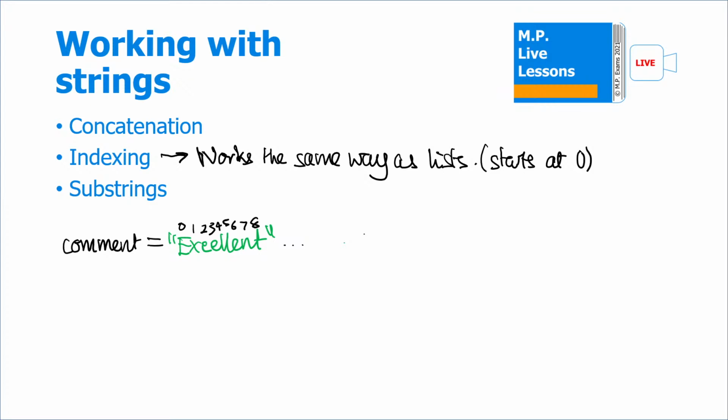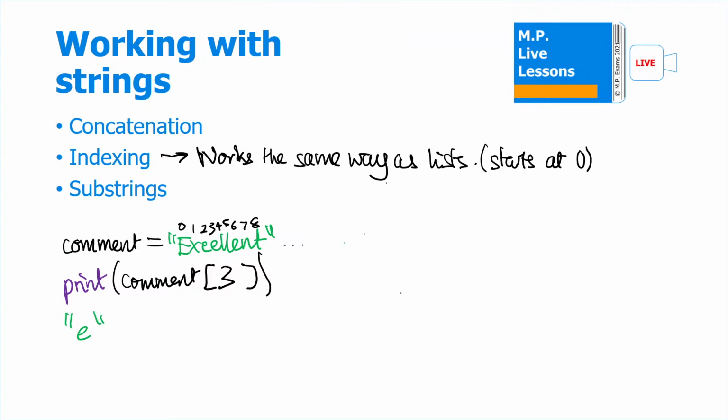For example, the function print comment, and remember that we put indexes in square brackets as well. You can add that to your notes. If we put, let's say, 3, it'll print out the fourth character, because the indexing starts at 0. This will output E.